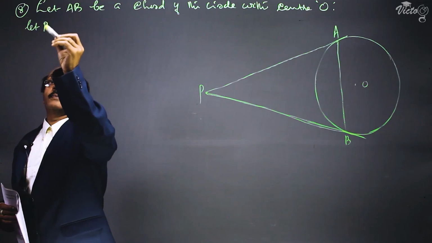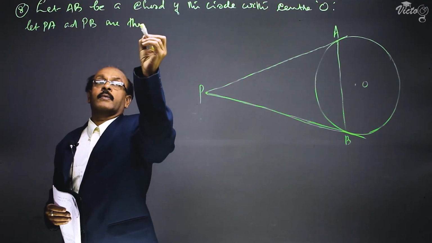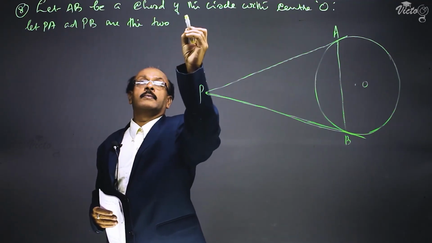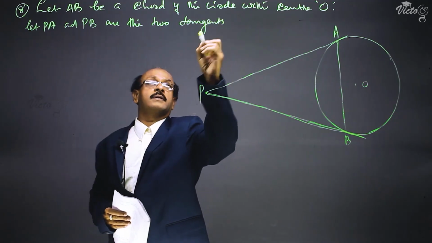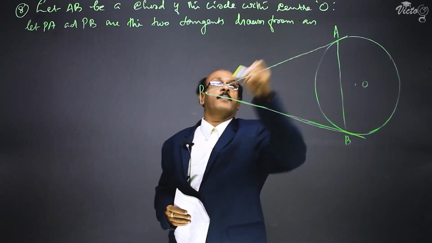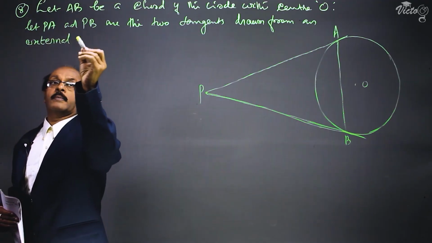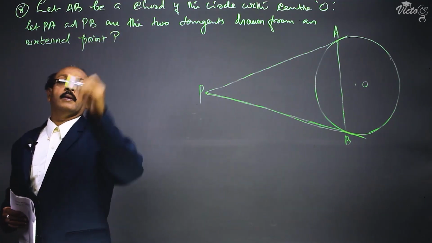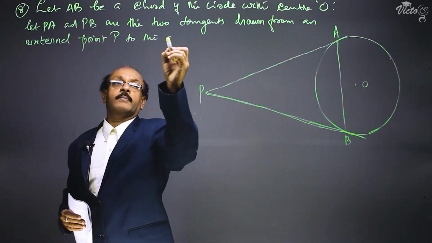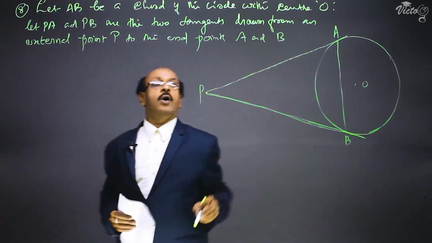Let PA and PB are the two tangents drawn from an external point P to the endpoints A and B of chord AB.